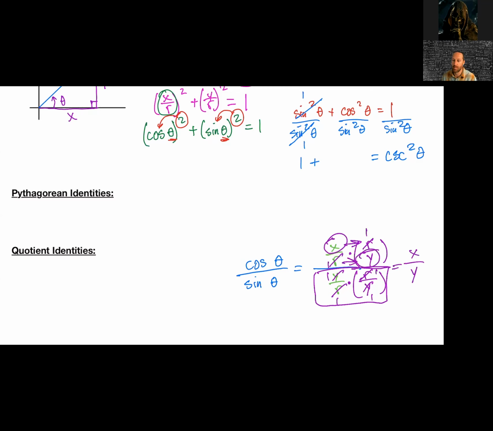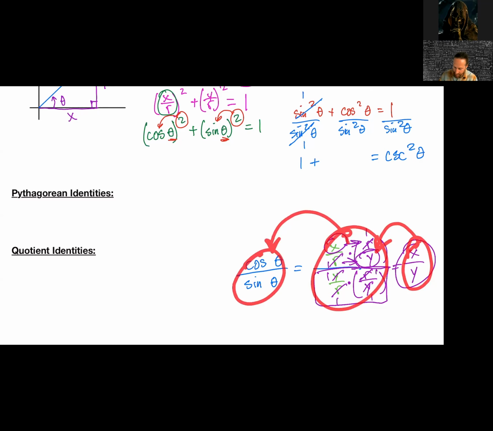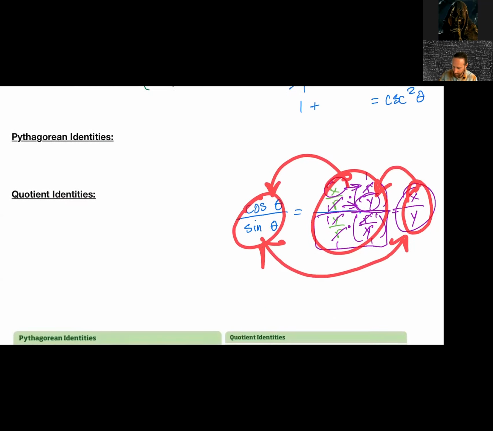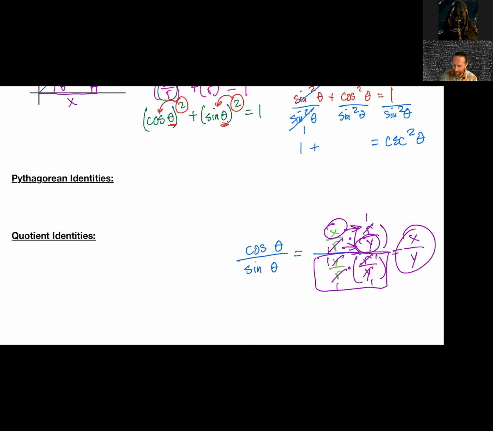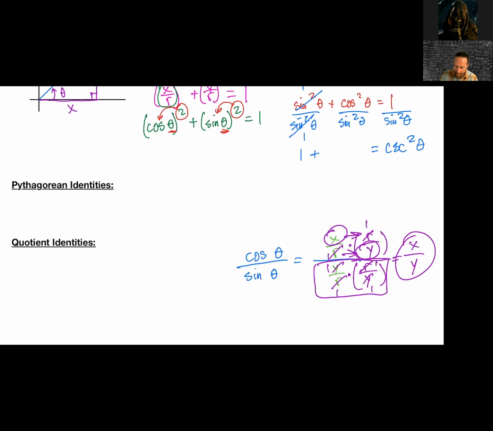And does anybody remember what x over y was equivalent to? Cotangent. Very good. Excellent. So we know since this is equal to this, which is equal to that, then these two things are equal. And that makes me happy. Okay. So we can say that this whole thing is equal to cotangent of theta.